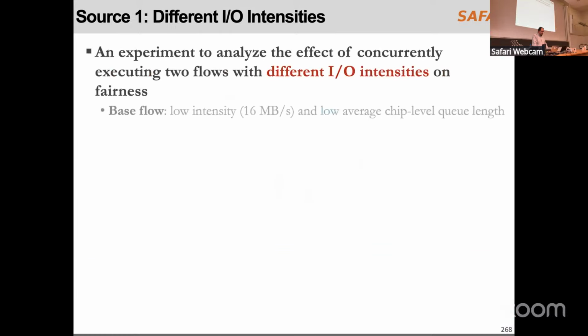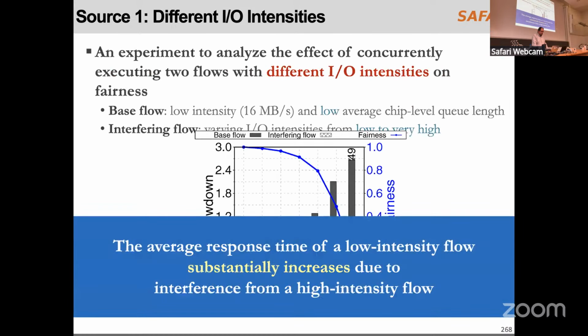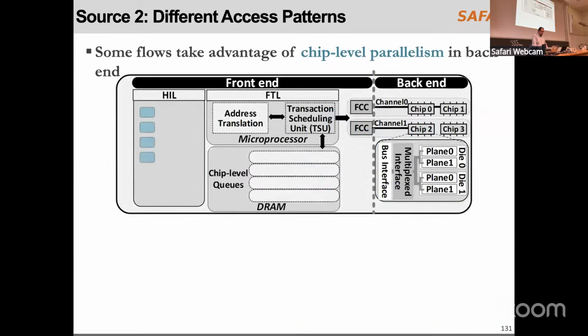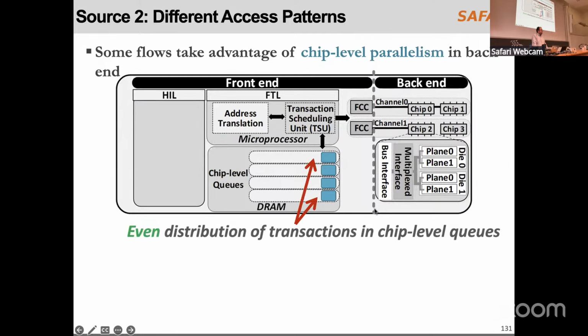So that's one of the reasons that we are observing this unfairness. Another reason would be different access patterns, which you also saw in memory control. We discussed random memory accesses and streaming access. Here also we can have that.